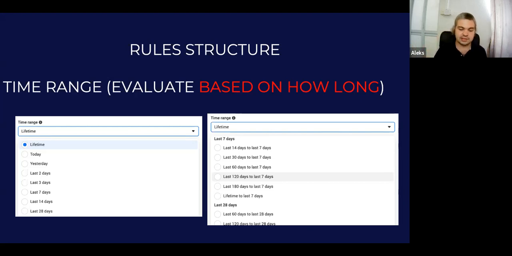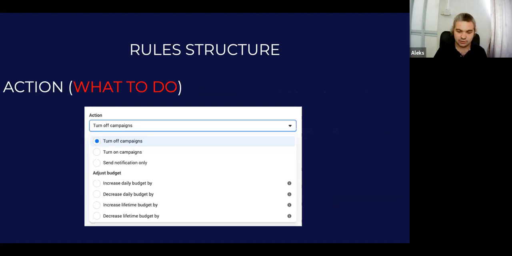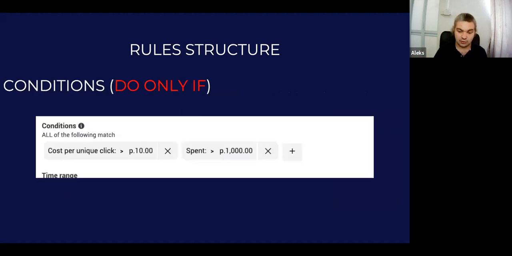It can be even like last 2 days, or last 60 days to last 28 days. You can see there are a lot of options, right? You can basically choose when you want to calculate the time interval to evaluate the value that will participate inside your condition to perform your action, right?